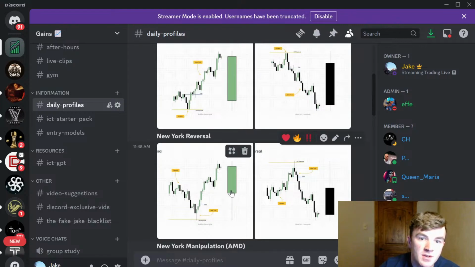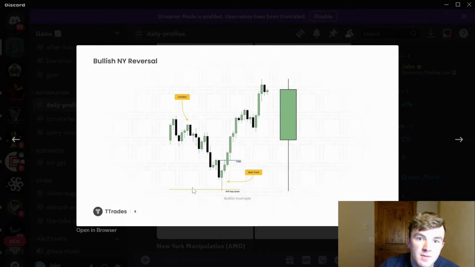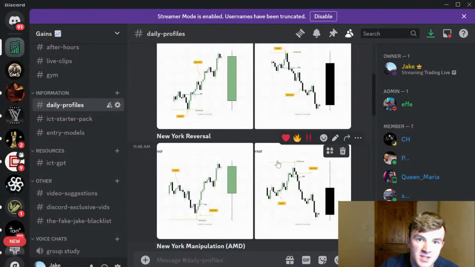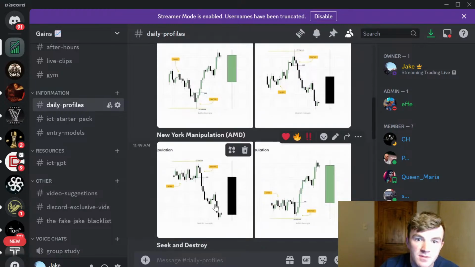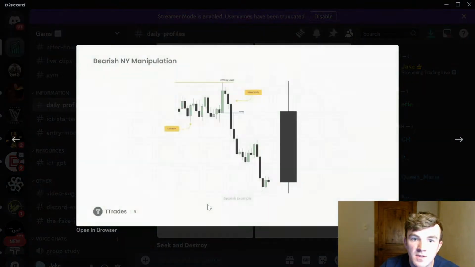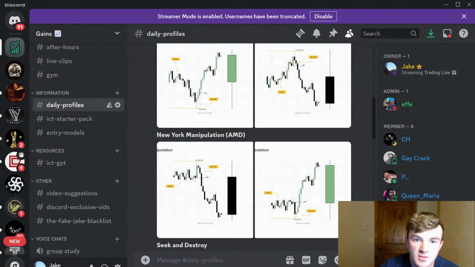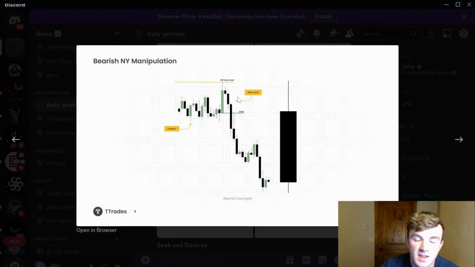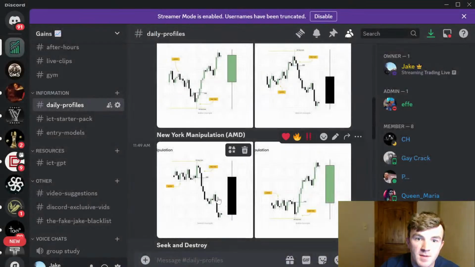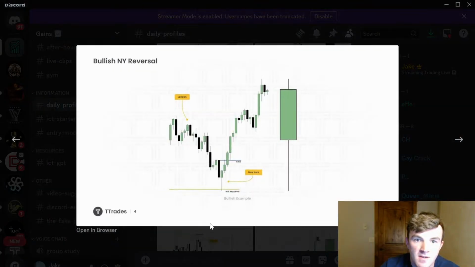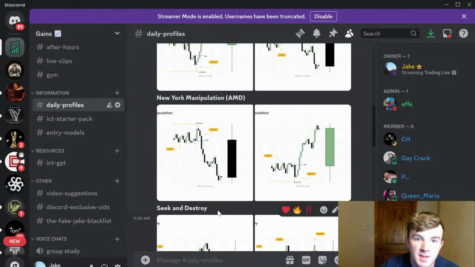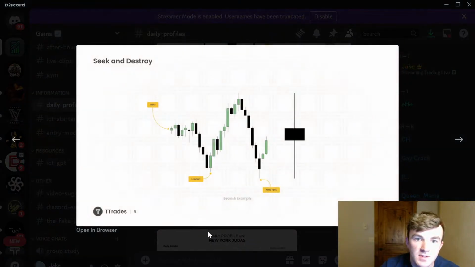It's not New York reversal because we already had London move one way and then switch directions. And it's not New York manipulation because, once again, London already went one way and then switched directions. Both of these aren't even possibilities right now. The only one that's a possibility is London reversal.